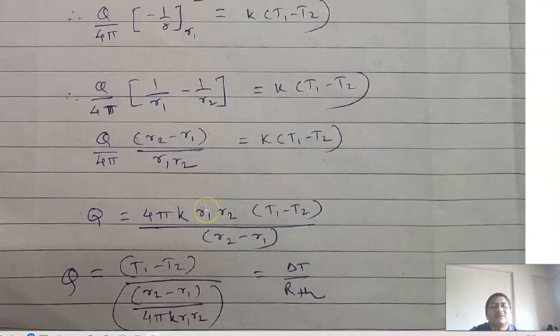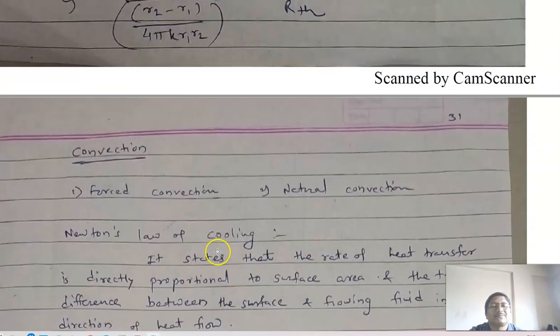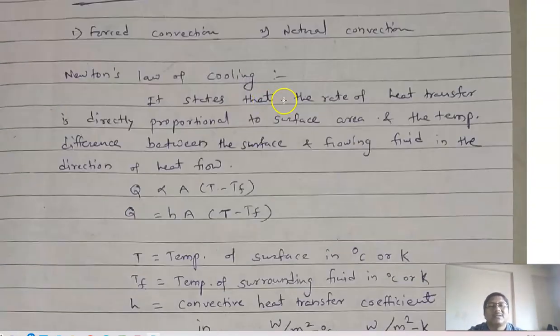While solving, you will get the formula Q equals 4 pi K R1 R2 (T1 minus T2) upon (R2 minus R1), or Q equals (T1 minus T2) upon (R2 minus R1) over 4 pi K R1 R2. So Q equals delta T upon R thermal. Here the thermal resistance is given because there are many numericals where you have to find the thermal resistance.